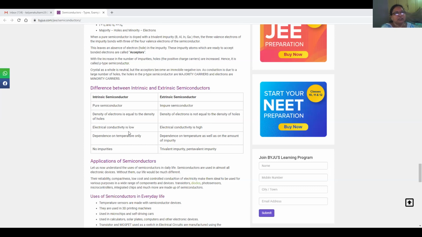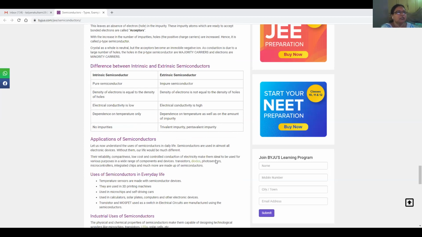Electrical conductivity is low in intrinsic and high in extrinsic. Intrinsic depends on temperature only, whereas extrinsic depends on temperature as well as the amount of impurity which is going to be added. Okay. In intrinsic, there are no impurities, whereas in extrinsic, trivalent impurities and pentavalent impurities are added.